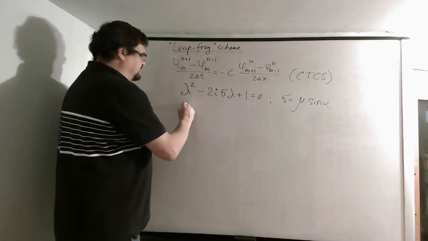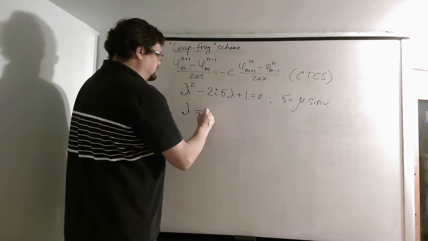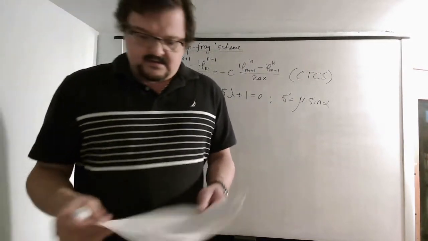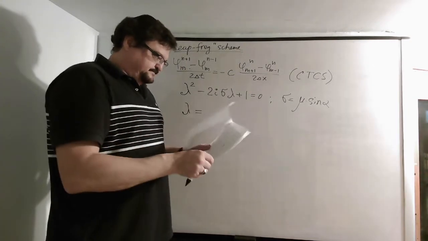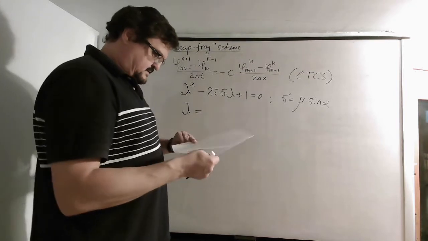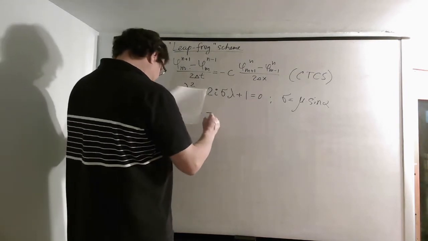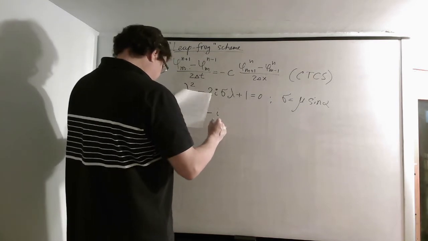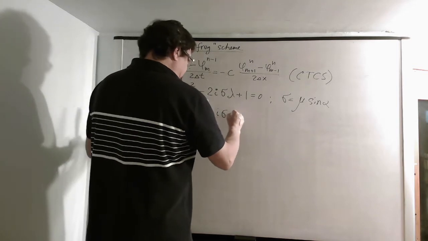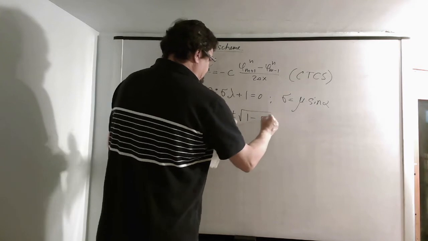So we have a solution for that that looks like lambda equals minus i sigma plus minus square root of 1 minus sigma square.